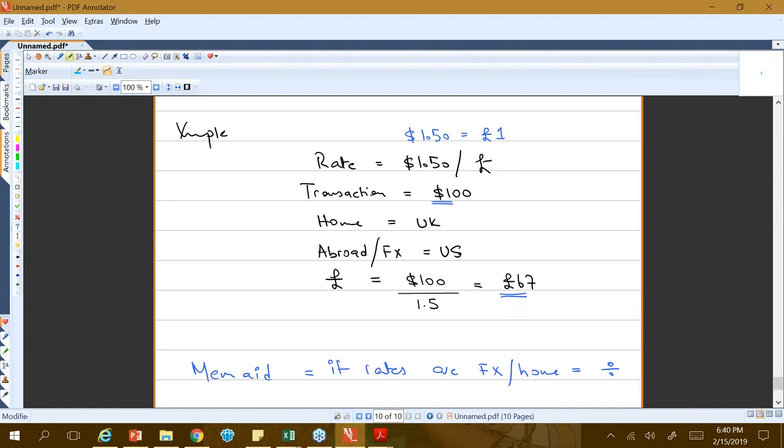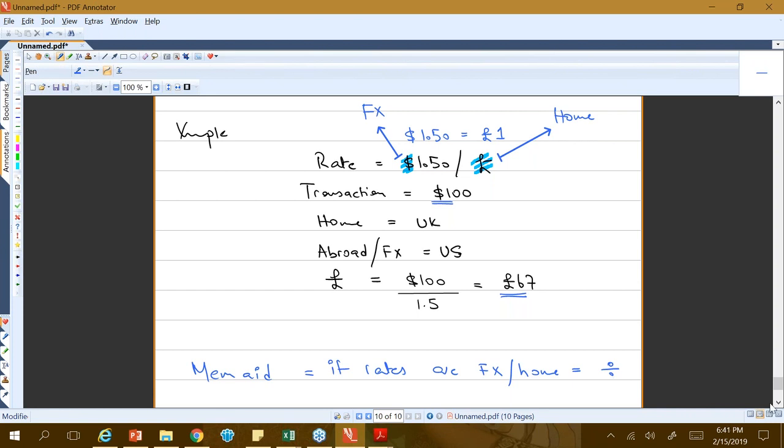So here is the foreign currency, FX, and here is the home. This rate was given in such a way that the FX was on this side and the home was on this side, which means that we divide by this rate. So that is the thing you need to remember. If the rates are FX/home, we always divide by the rate.